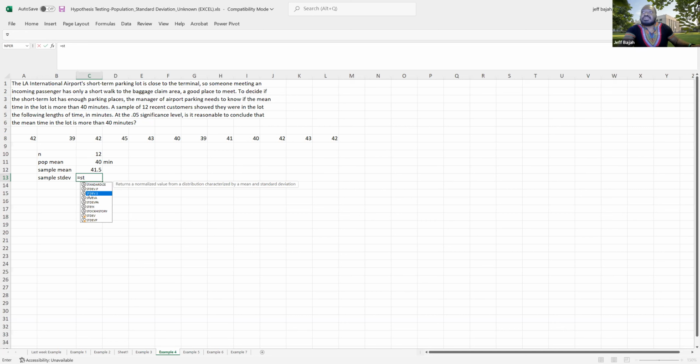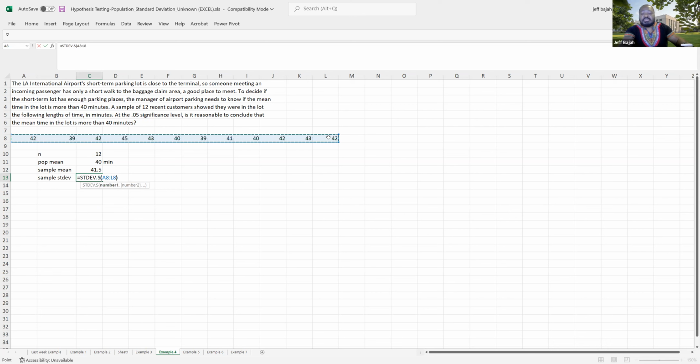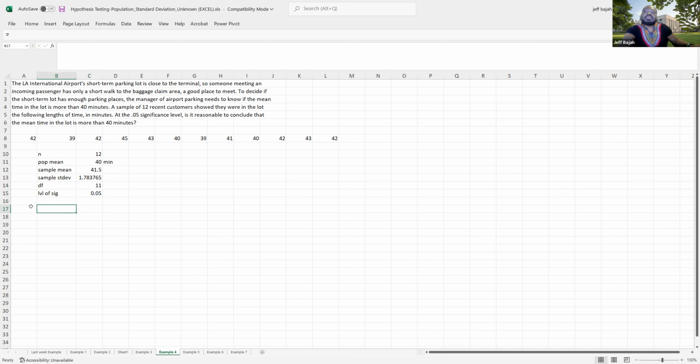And so we're just going to find the standard deviation. The degrees of freedom is your n minus 1. All right, so I think we got everything. Level of significance is the one that we're missing, and we're told it is 0.05.